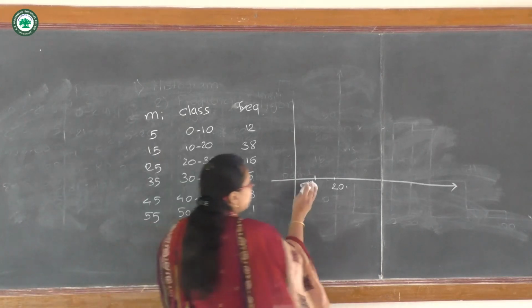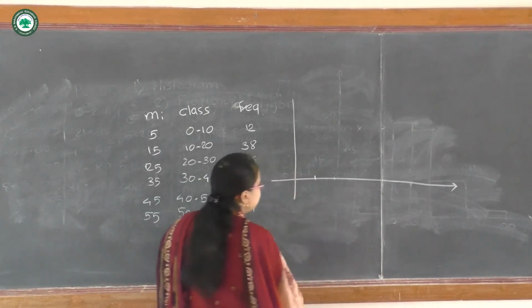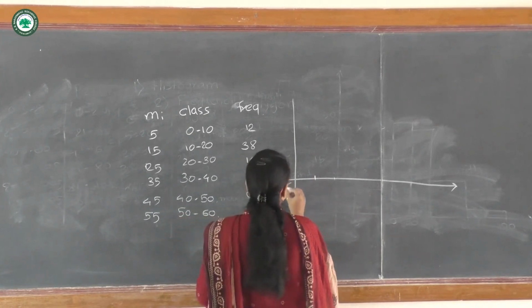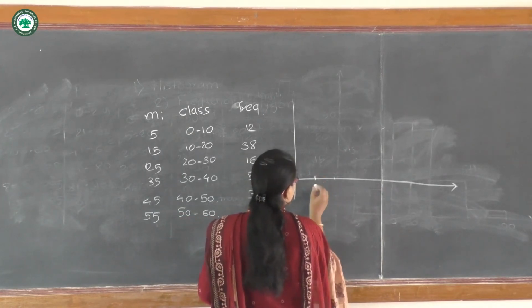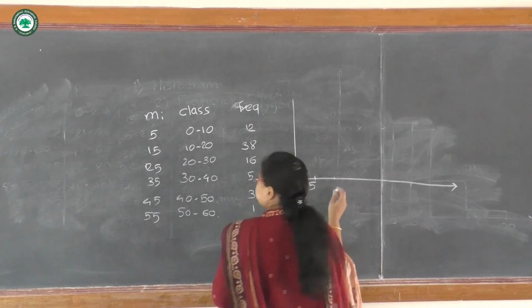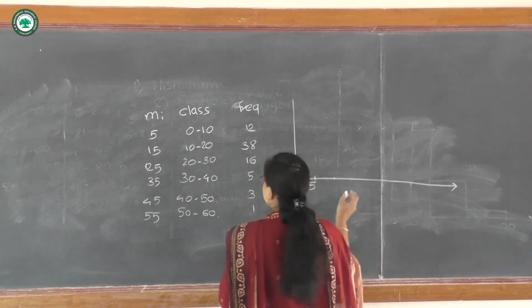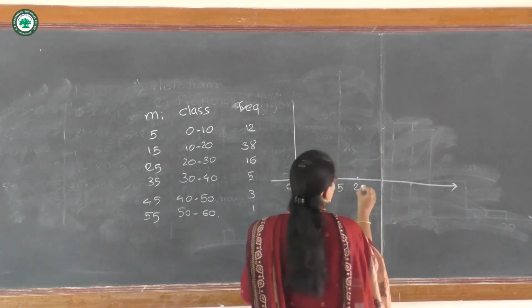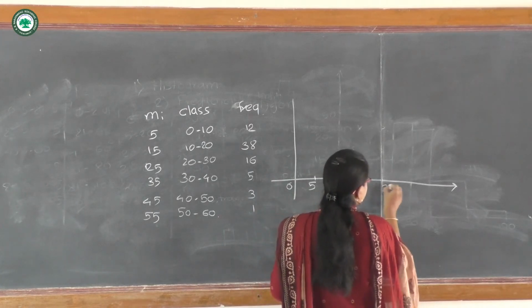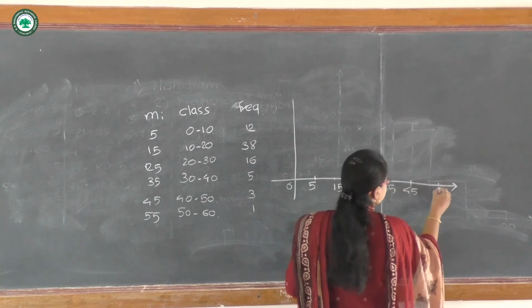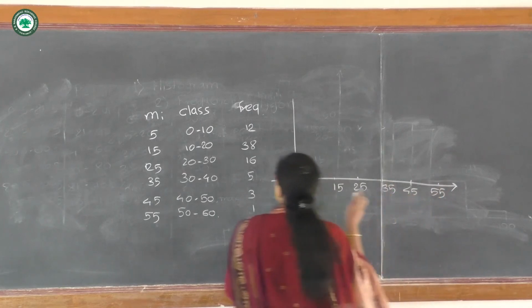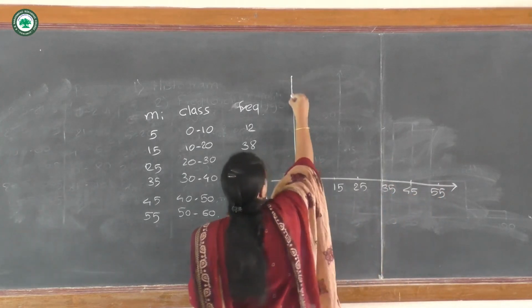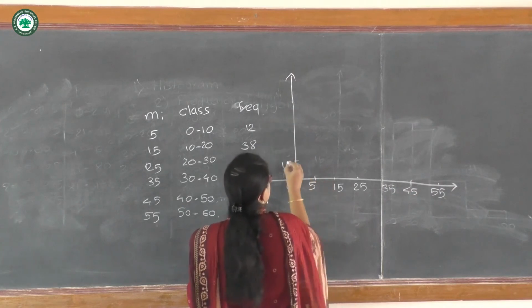On the x-axis, we have to take the midpoints. So it is from 0, 5, and on the y-axis we can also take this 10.